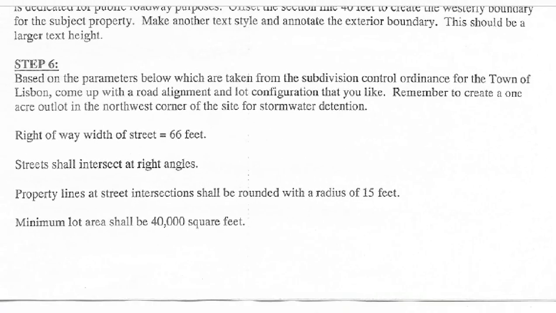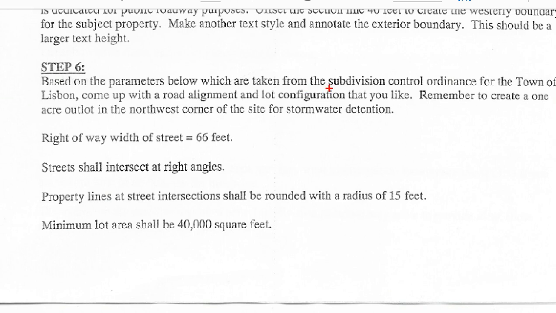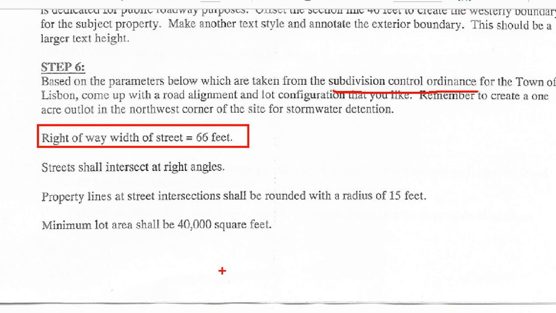And we're going to follow these ordinance requirements for the town of Lisbon as we proceed. So here we can see that one of the requirements is that the right-of-way width for any street that we create in our design must be exactly 66 feet.